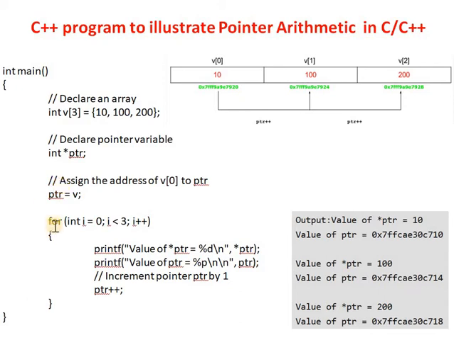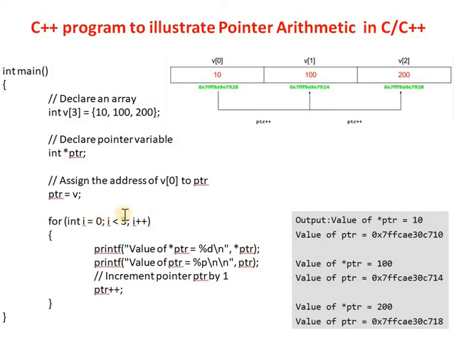Then in this program, a for loop is applied. By using this for loop, we are accessing each element of the array one by one, sequentially. In the for loop there is one variable i that is initialized with 0.